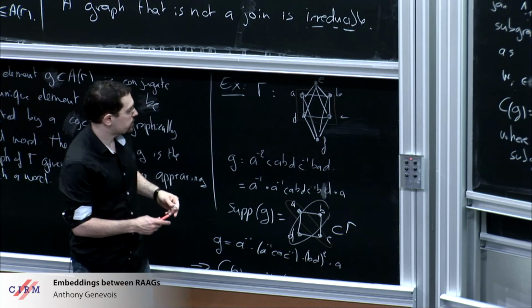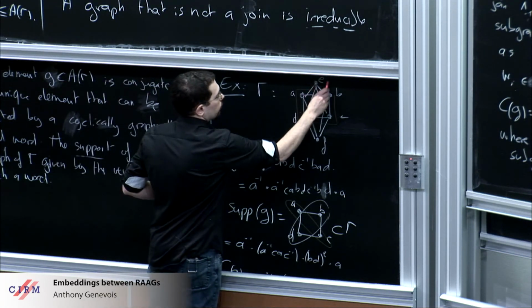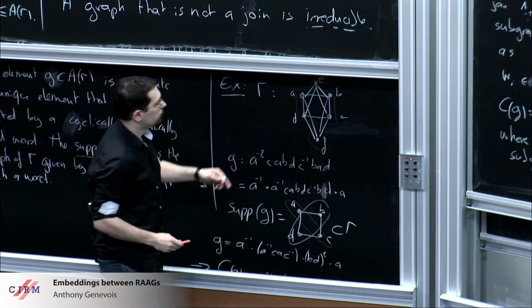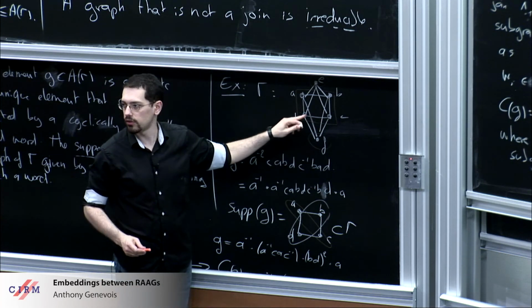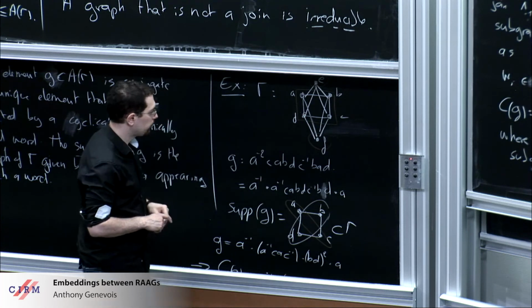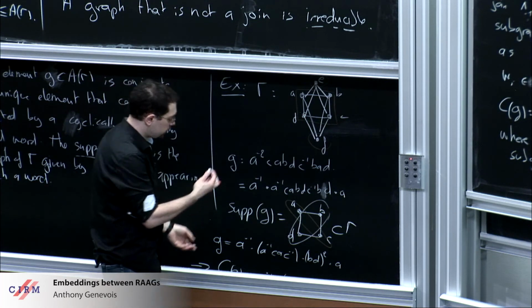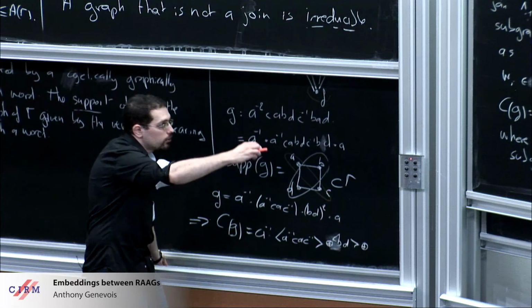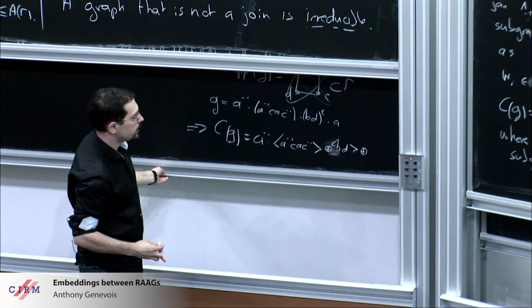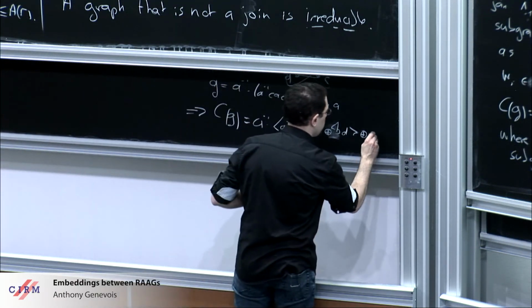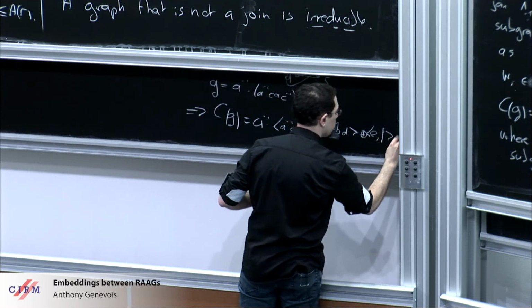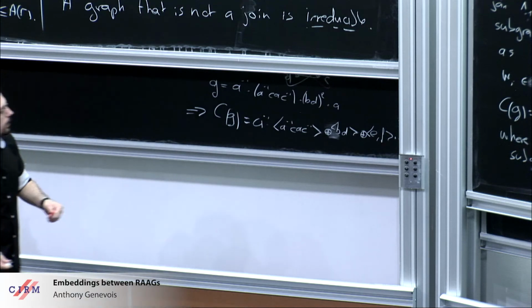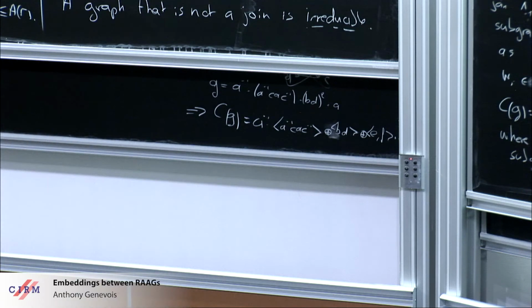The link is precisely given by E and F. E and F are both adjacent to all the vertices inside this cycle. So the subgroup given by the link is a subgroup generated by E and F. And you have your A. And that's it. This is the description of the centralizer of your element G.